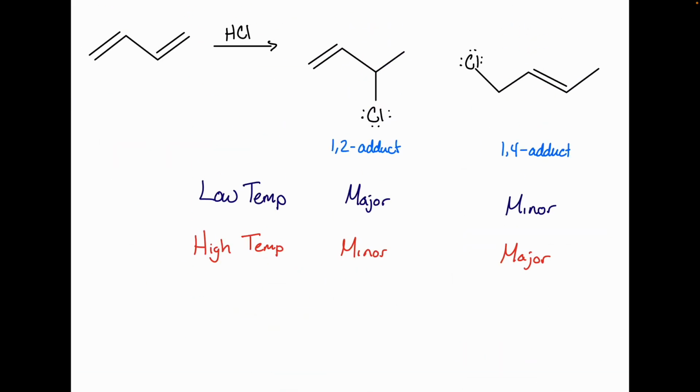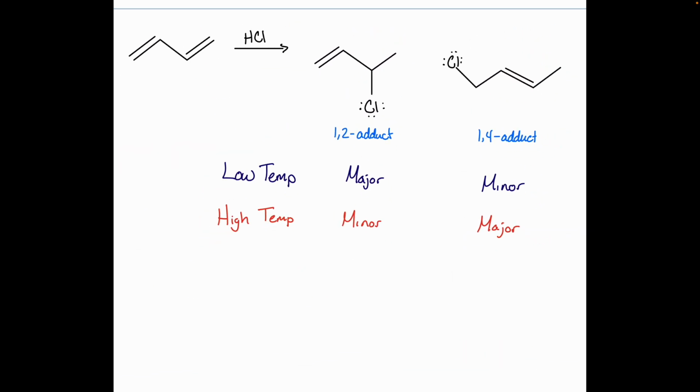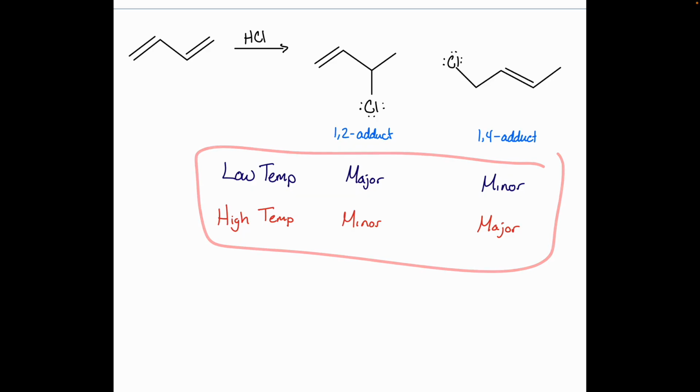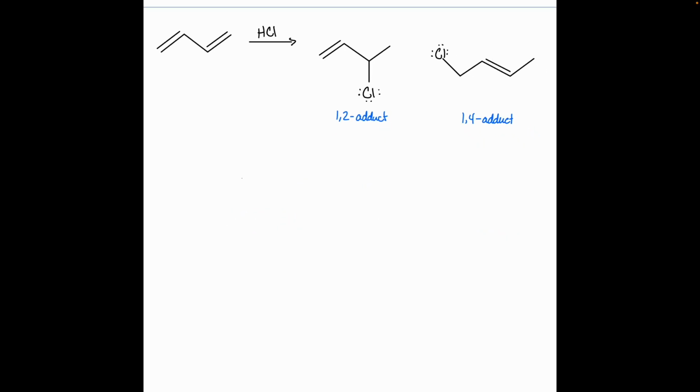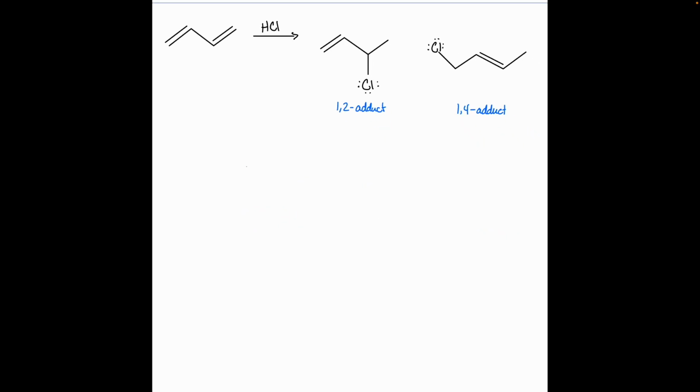So going back now to our reaction here, we're going to try to explain why this reaction has this sort of pattern where our major product at low temperatures is the 1,2, but our major product at high temperatures is the 1,4. All right, so we're going to draw a free energy diagram here.